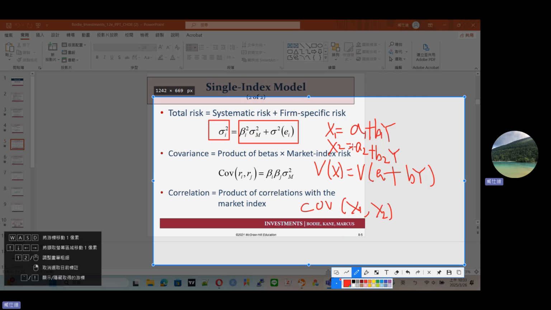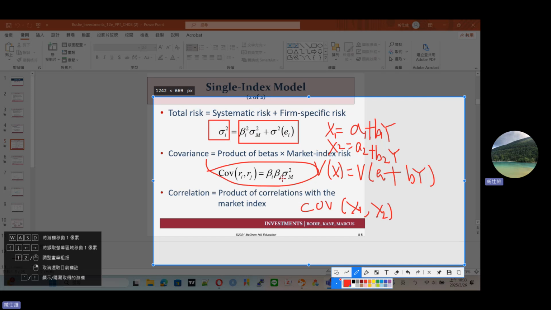Basically, you will need to calculate this a1 plus b1y and a2 plus b2y. You need to derive the results, and finally you will get this output.